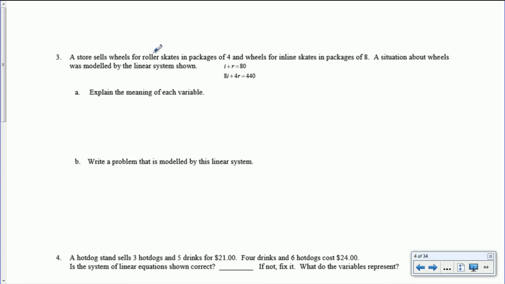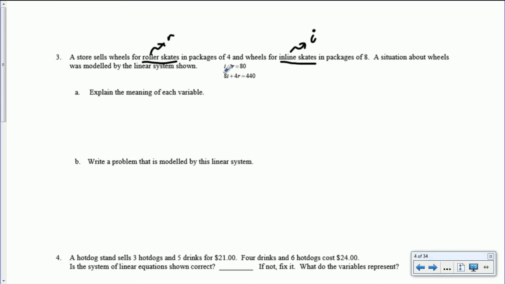The store sells wheels for roller skates in packages of 4 and wheels for inline skates in packages of 8. A situation about wheels was modeled by the linear system shown. So i plus r is 80, 8i plus 4r is 440. So inline skates, and we've got roller skates. So it would make sense that that would be i, inline skates, and then that's our roller skates.